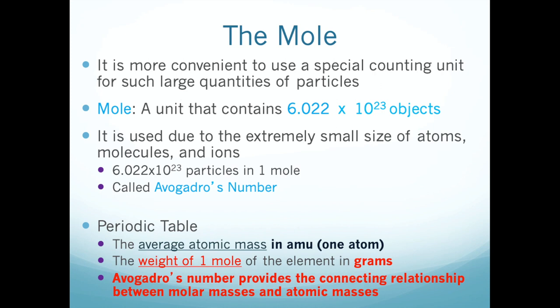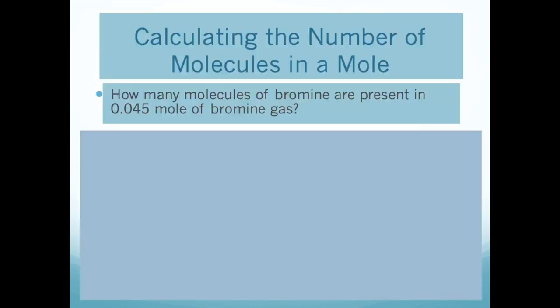That being said, sometimes we do want to get to individual particles, and moles are kind of that middleman that help us relate numbers of particles to grams. We'll wind up doing calculations for all of these conversions, and I'll go through some examples in a little bit. But first, let's start off with an example that looks just at that relationship between moles and numbers of particles.